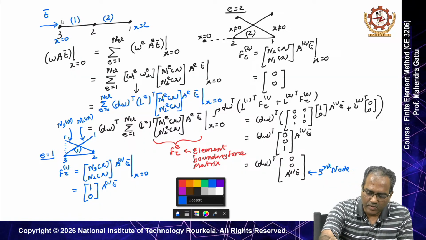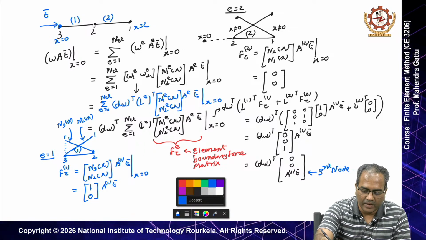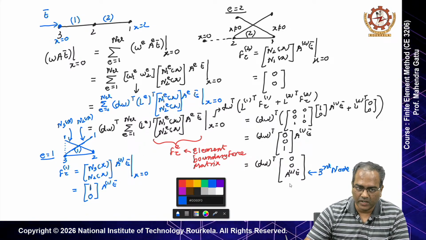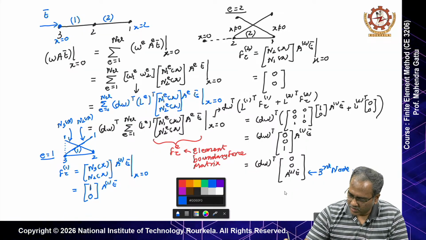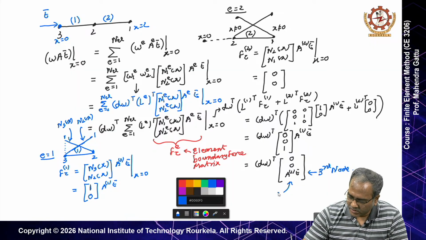And you see here same thing, because why? Because the traction is applied at node 3, at remaining node 1 and node 2 there is no traction. So, the contribution in the global force vector, we can call this matrix the global boundary force matrix.